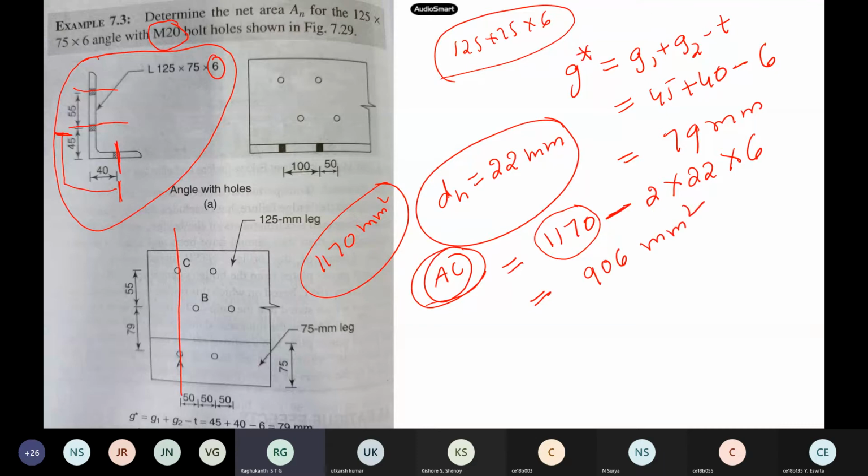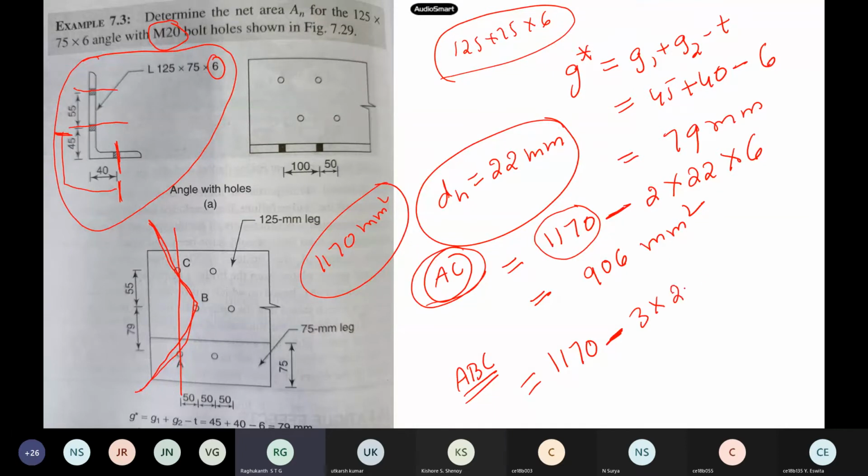Okay, now since it is a staggered bolting, you have to do all kinds of calculations. So if you do the section A, B, C, what will be the area? You will have 1170 anyway. Now how many holes are there? 3 holes.